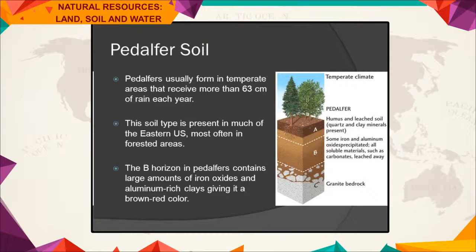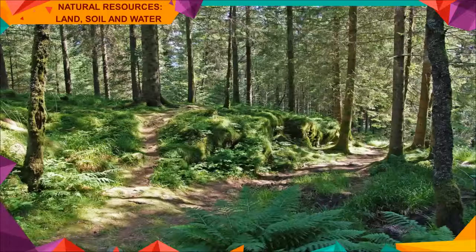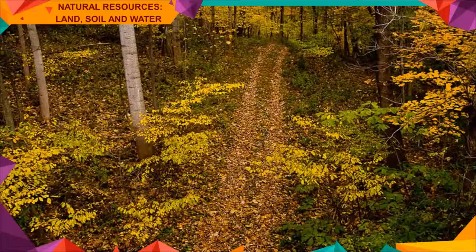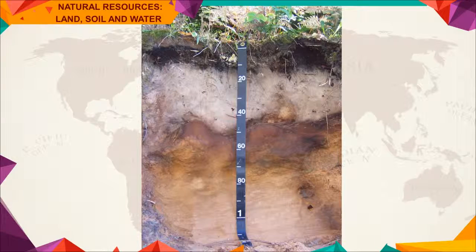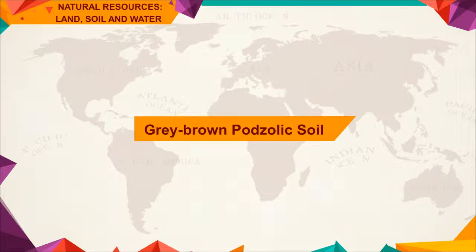Pedalfers. Pedalfers are the soil types found in humid climate of high latitudes, for example, coniferous forests, mid-latitude deciduous forests, and low-latitude tropical forest lands. Podzolic soil. Podzolic soil is of ash-gray color and found in high-latitude coniferous regions.